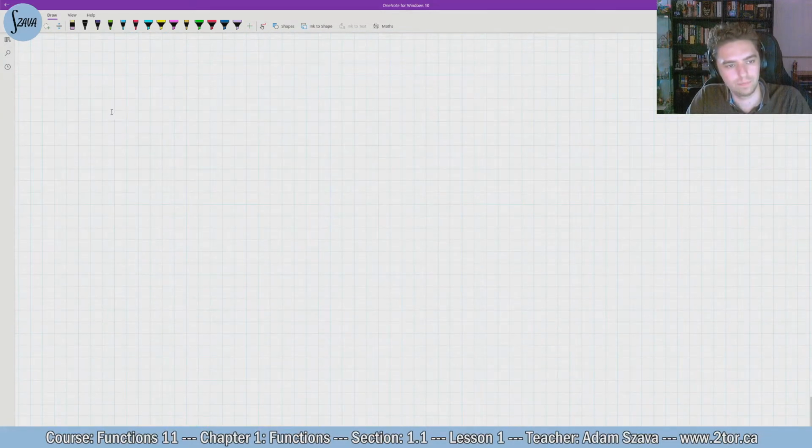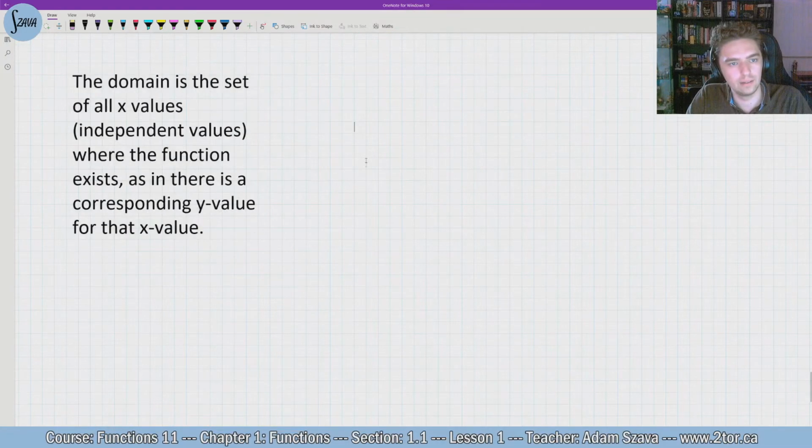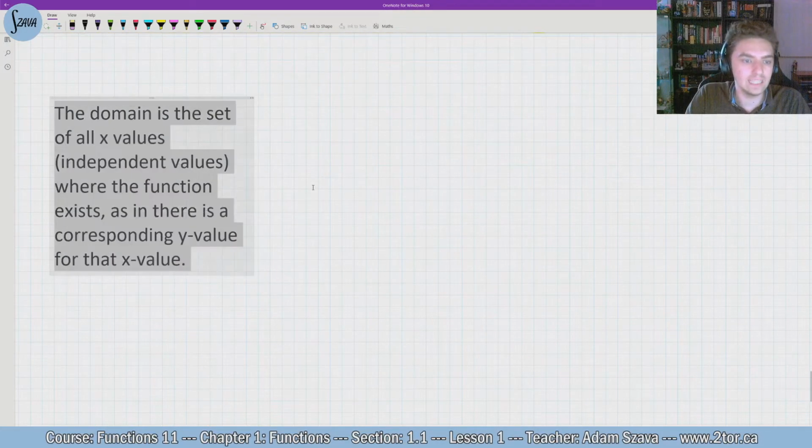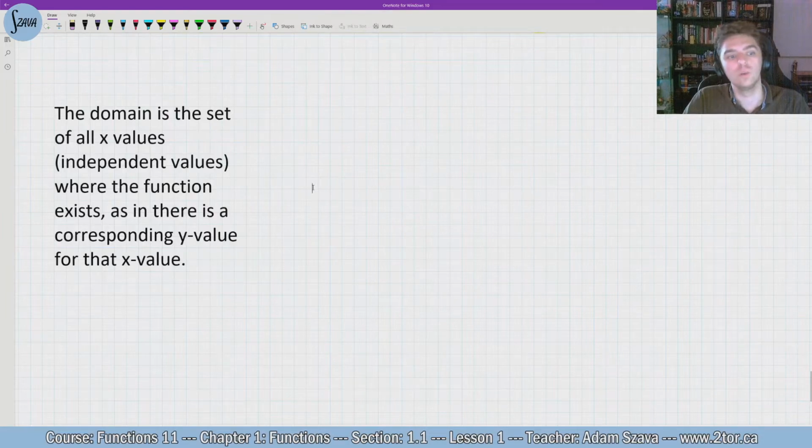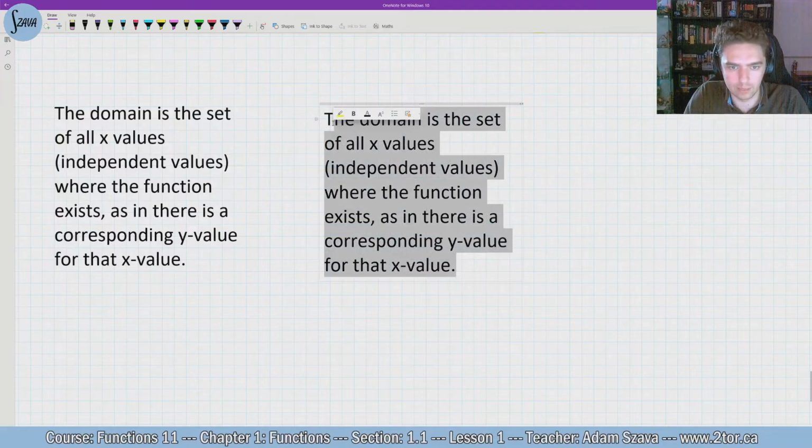Okay, so I'm going to remind you, that is the domain. Okay? That is the domain. Right? Is the set of all x values, independent values, where the function exists. As in, there is a corresponding y value for that x value. The range is kind of the opposite. Okay? The range, I'm just going to do this so I can have the same size font.